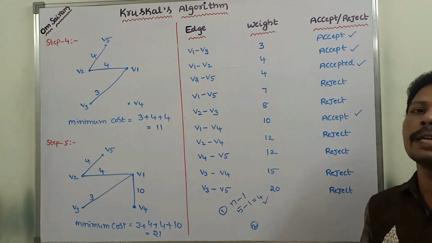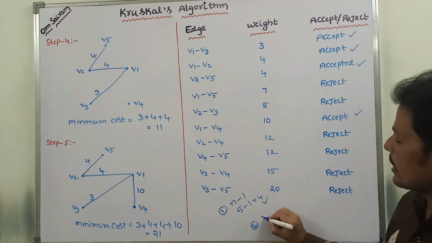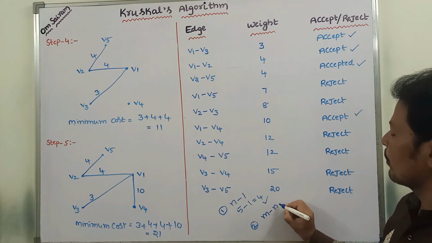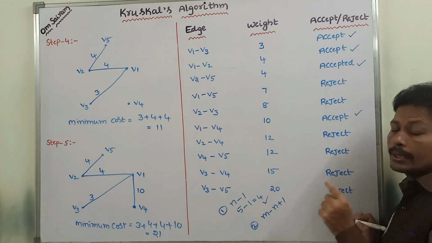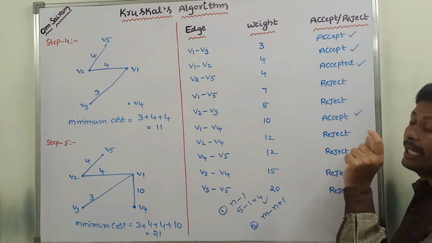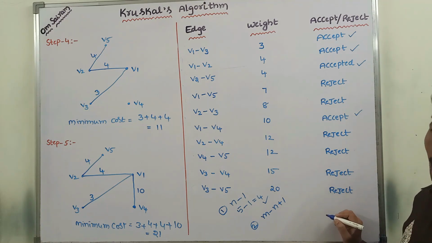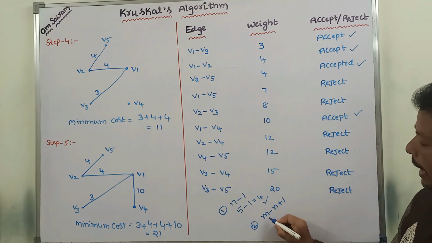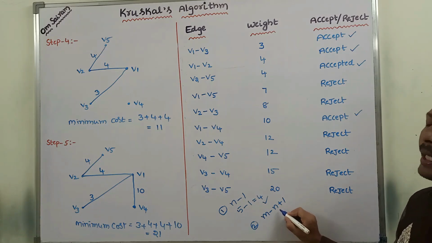Next, the second condition is how many edges are removed from the given graph to get the final minimum cost spanning tree. The formula is m minus n plus 1, where m is the number of edges and n is the number of vertices.